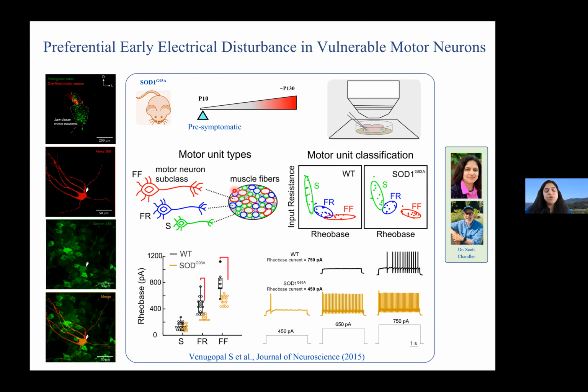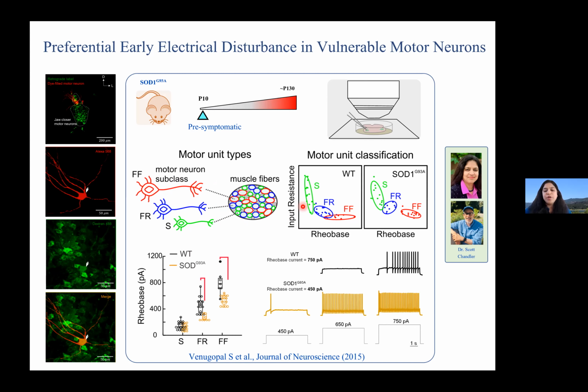Due to the lack of molecular identifiers or markers for these different subtypes of motor neurons that I mentioned before, I ended up choosing a statistical approach, the clustering approach, to identify the different subtypes of motor neurons.